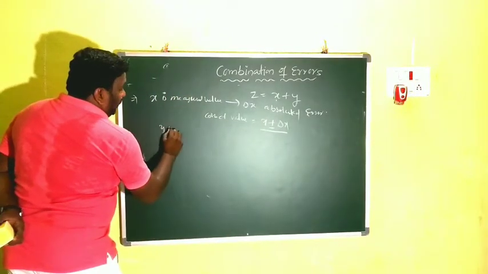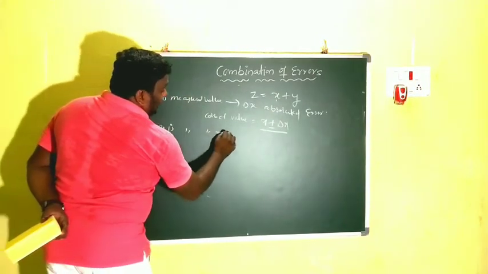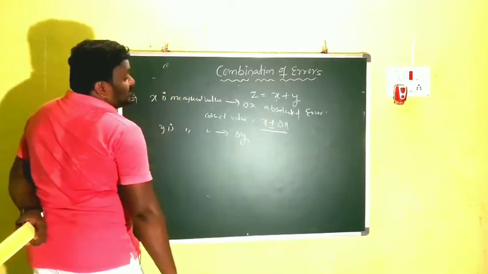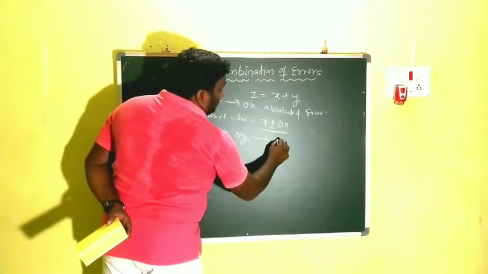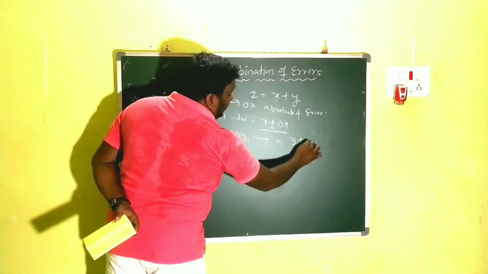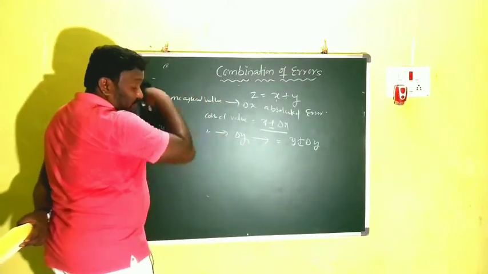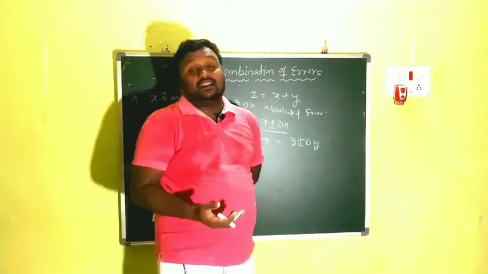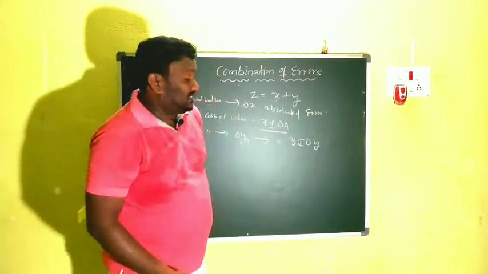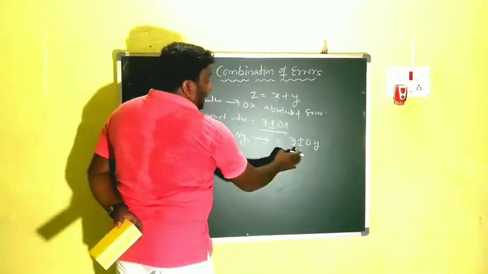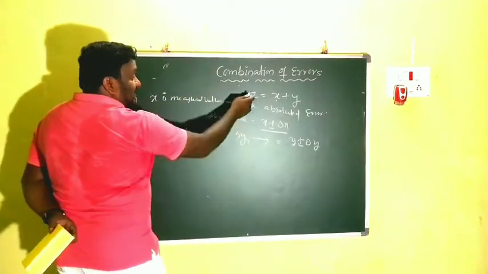Similarly, y is the measured value and delta y is the absolute error. Then what is the correct value? Y plus or minus delta y. Clear? If you are getting the less value, we can add. If you are getting the more value, we can subtract. Then z also we can write.